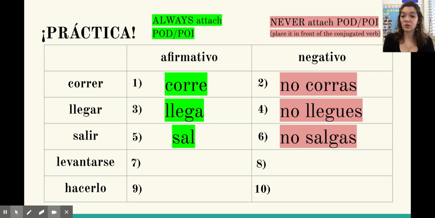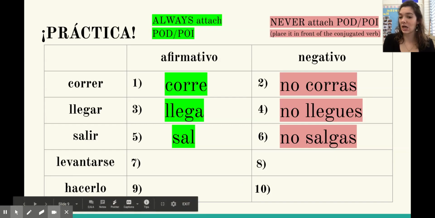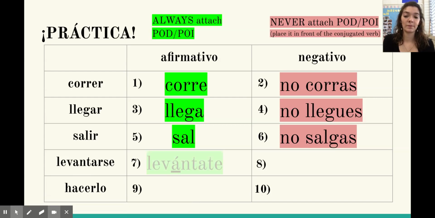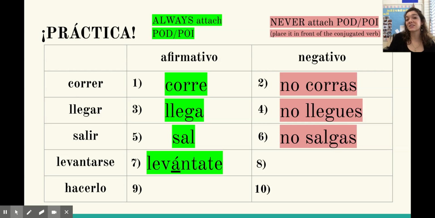This one, a little bit tricky, but try your best, guys. Levantarse. If we always must attach the POD or the POI or the reflexive se, and I'm talking to you, informal, what is it going to look like? Levántate. And I've said this to you guys before. I'll say levántense, which is ustedes command, but levántate is a tú command.